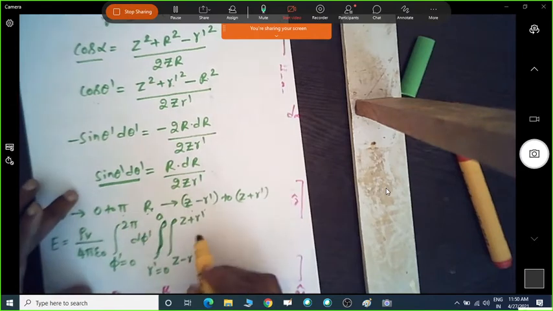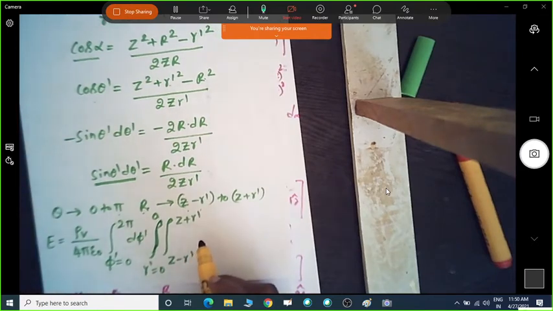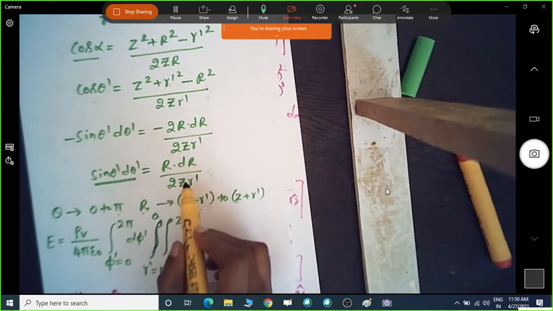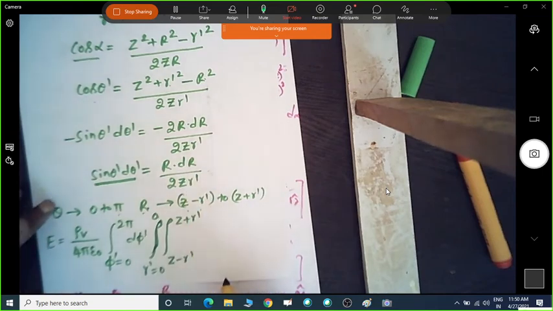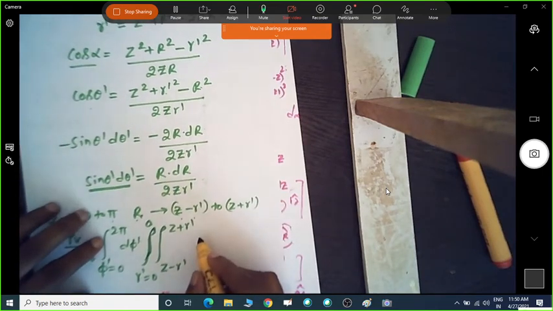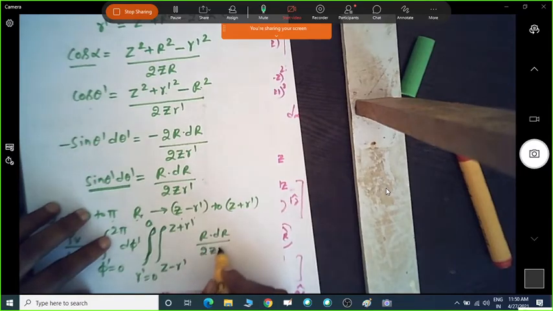Now you can substitute sin theta dash and d theta dash, which is nothing but r into dr divided by 2z r dash.